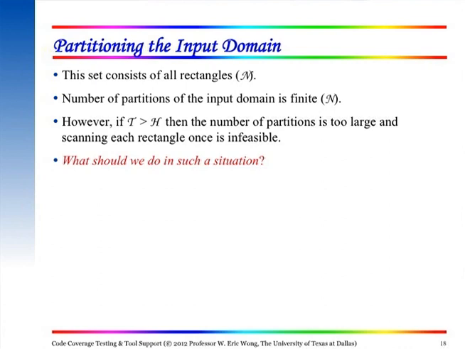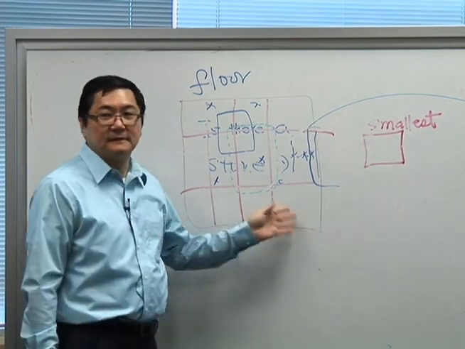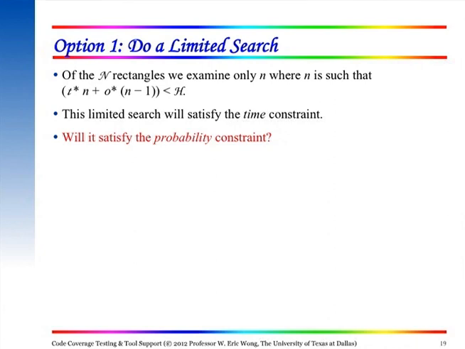But what if you need more time? That means you are not going to be able to examine each cell. What are you going to do? Obviously, there are different options. So I cannot examine every cell.